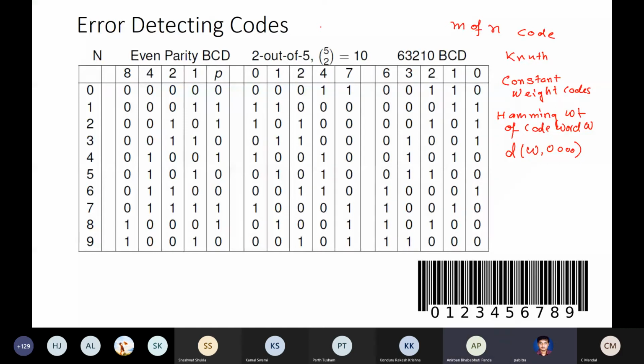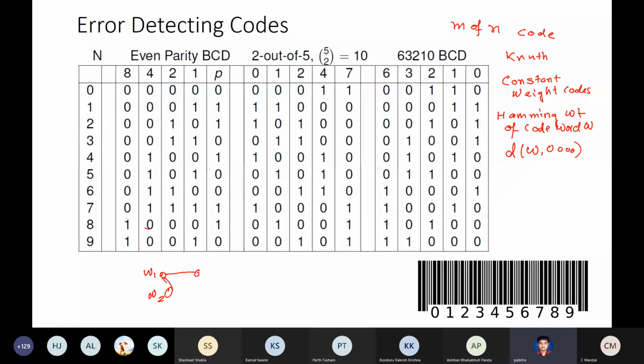Okay, so the idea is simple. So this is a code word, and this is a code word. So a 1-bit error will move it to another code word. What I don't want is that this should move to this. 1 bit should not convert one valid code to another valid code.